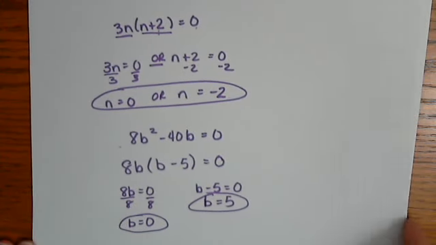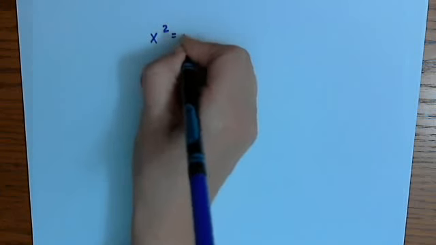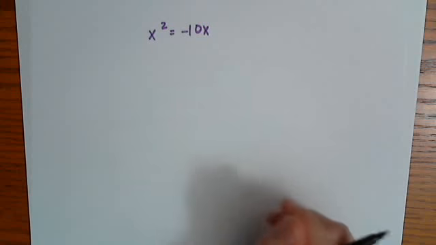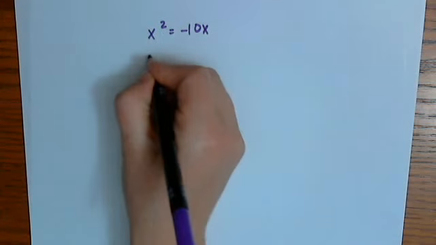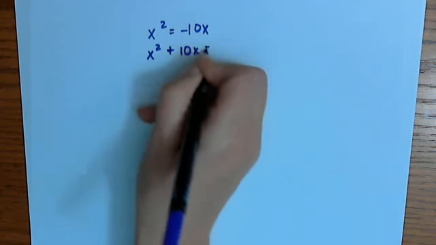One more example. You guessed it, we're going to try 4c just to see if you understand this zero product property. 4c says, pause the video so you can try it on your own, x squared equals negative 10x. For this one, we're going to want to get all the x's together on one side of the equation. So I'm going to say x squared plus 10x equals 0.